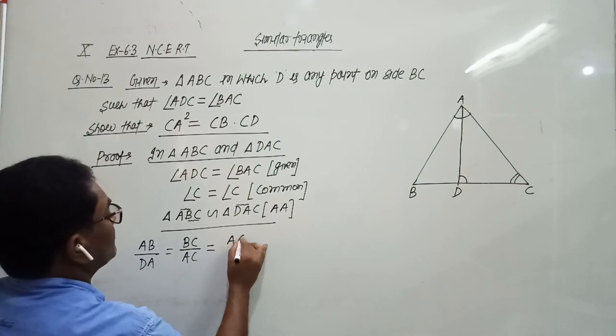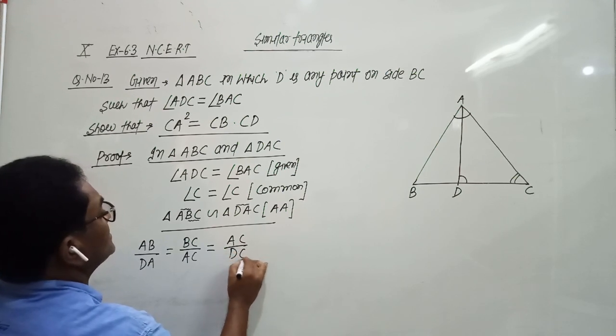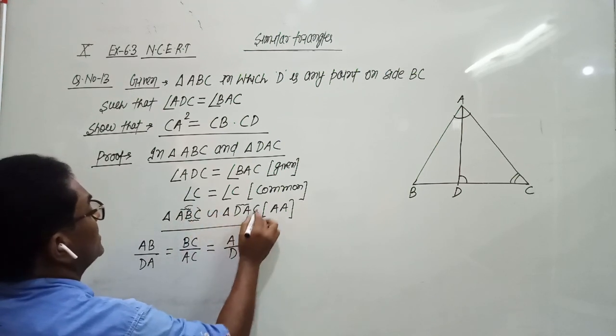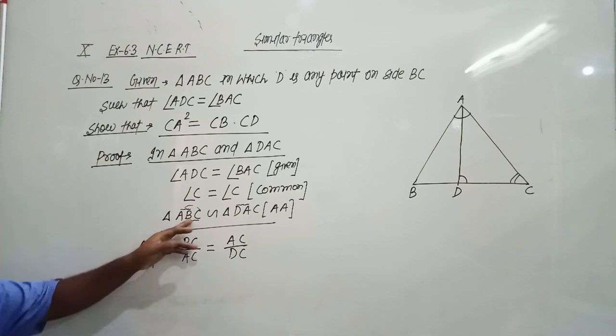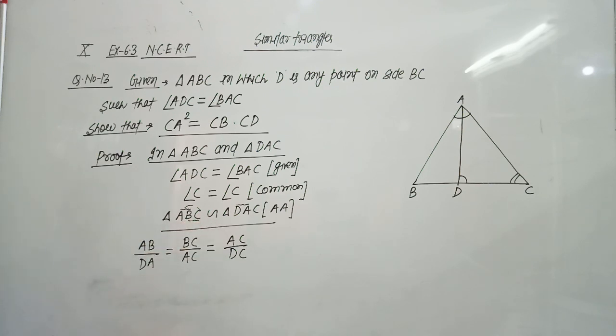Since these two triangles are similar, their sides must be in proportion.